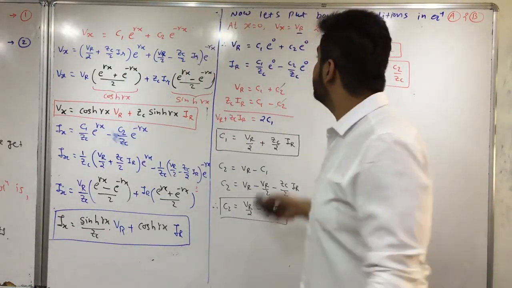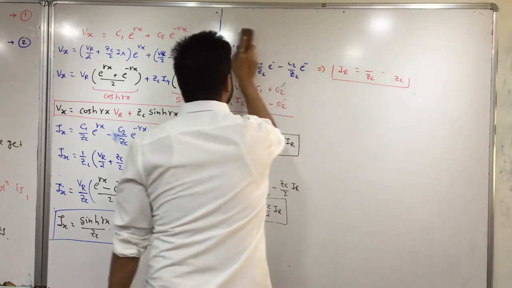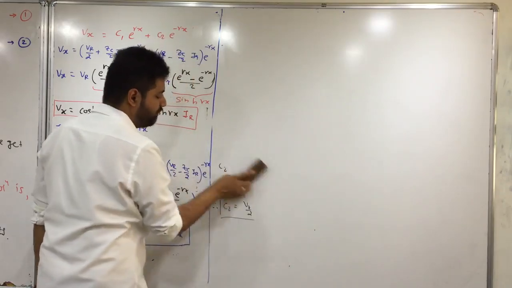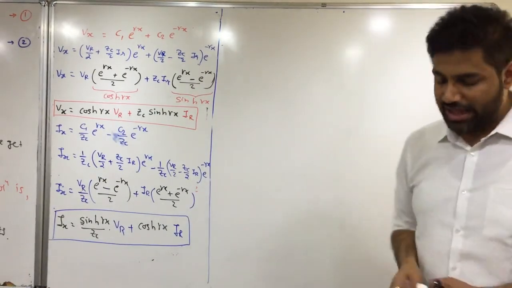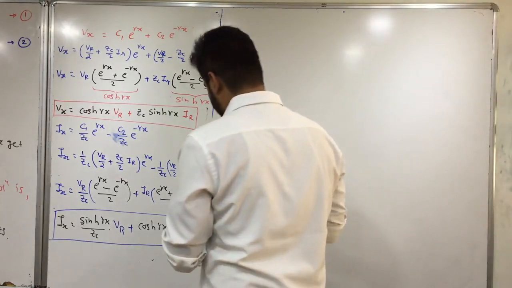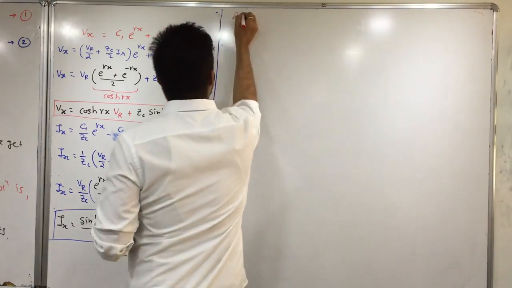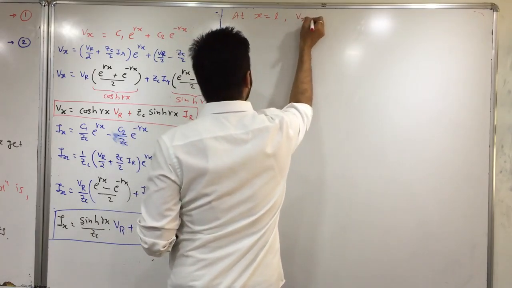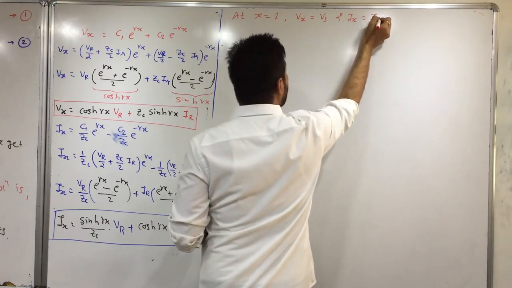Great. Now let's find out these equations in terms of ABCD parameters. So now it's very simple for us to find out in terms of ABCD parameters. We have to say again, by putting the boundary condition at x is equal to L, Vx is equal to Vs and Ix is equal to Is.